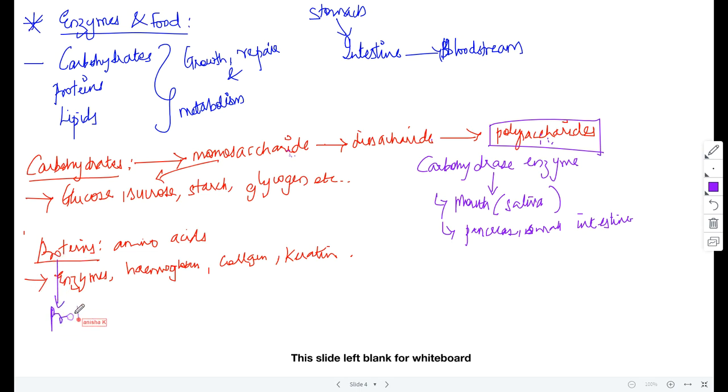We are going to use the enzyme protease to break down the protein into smaller molecules. Once protein is broken down, they form small molecules of amino acids.